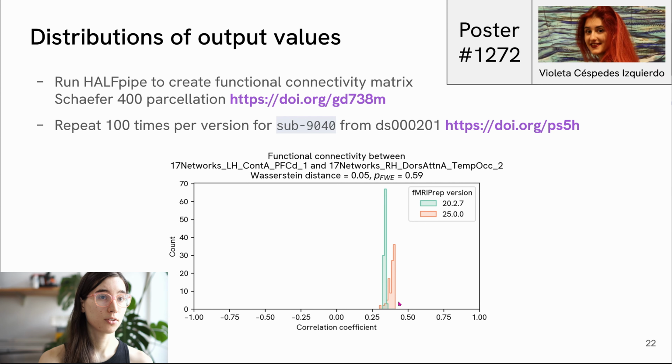So Violetta came up with this really cool way of quantifying how much energy you would need to move between the distributions, like how big is that difference. That metric is called the Wasserstein distance, and we can actually use permutation tests to evaluate whether this is a statistically significant change or whether this might have arisen by chance. In this case, it is not significant.